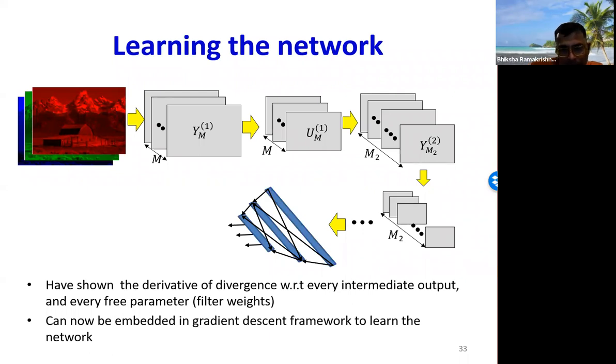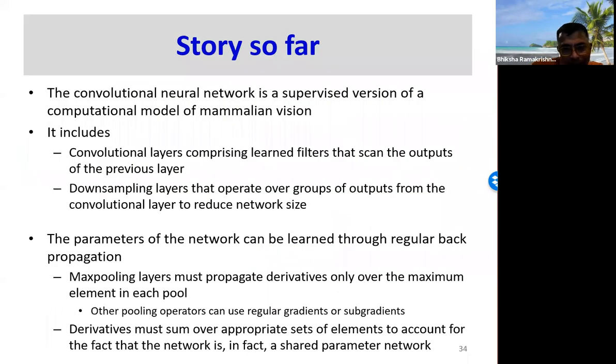And so the story so far, a convolutional neural network is a supervised version of a computational model of mammalian vision. We saw this last week. It includes convolutional layers comprising learned filters that scan the outputs of the previous layer, and downsampling layers that operate over groups of outputs to reduce network size.